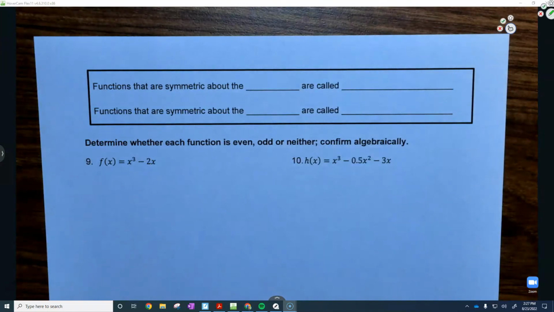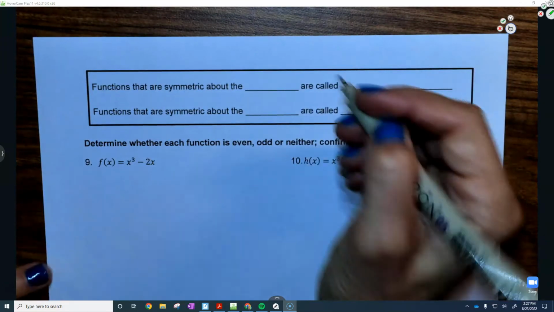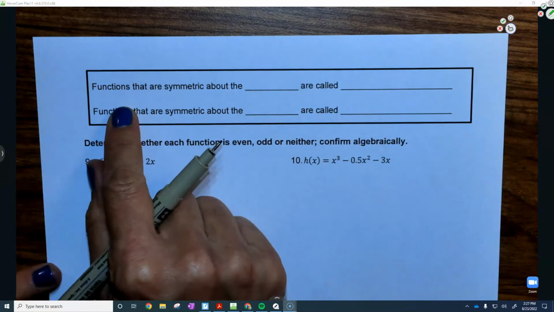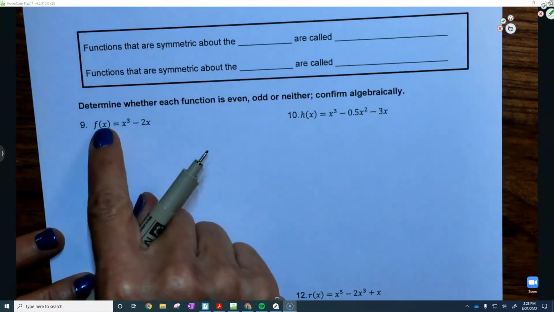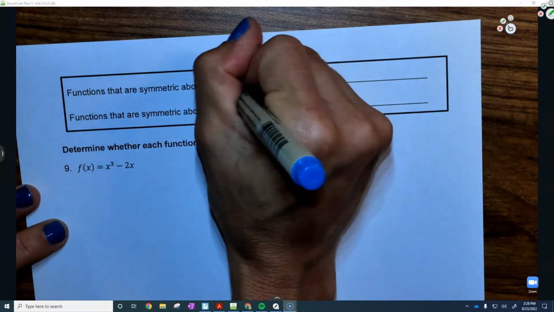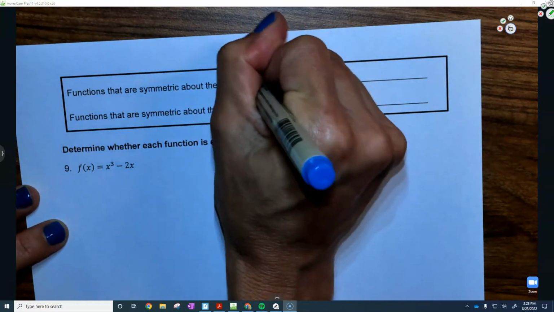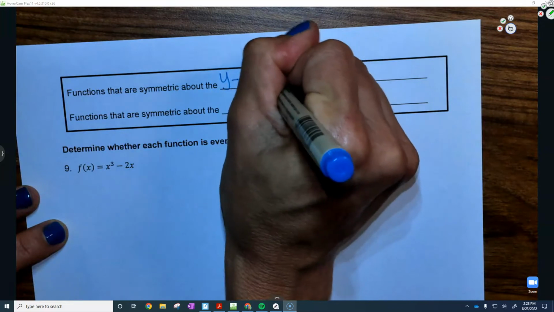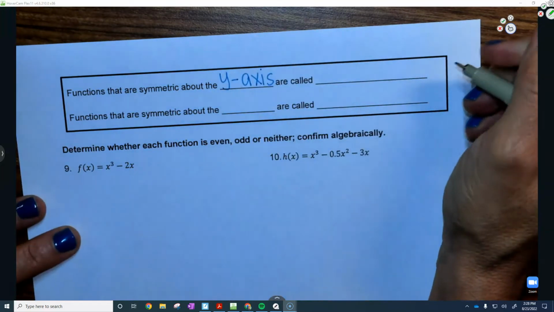So once you have a function, if I tell you something is a function, notice all of these are in function notation form. Functions that are symmetric about the y-axis are even.